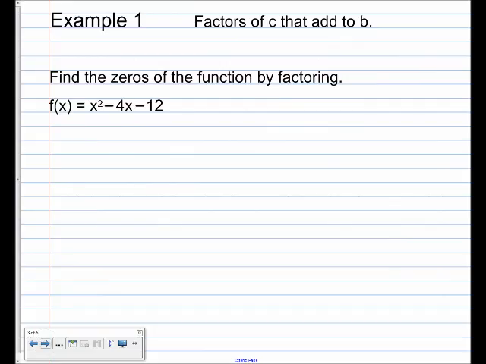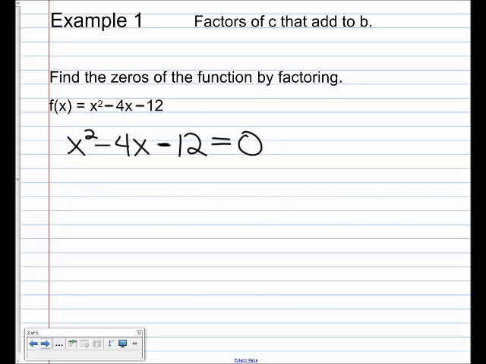I want to figure out what numbers for x, when I plug them in and do all this math, make 0. So the first thing you should write is x squared minus 4x minus 12 equals 0, because that's what I want to find: what numbers for x make that become 0.